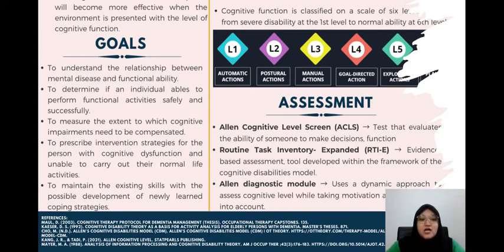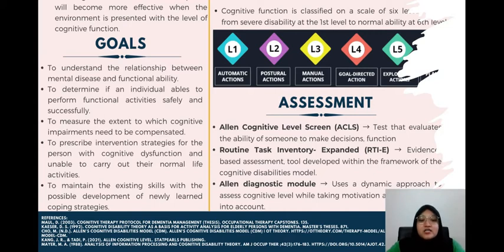Okay, the short-term goals in cognitive disability FOR aim to match the current mode of performance, while the long-term goals are based on the prediction of change in the performance modes.